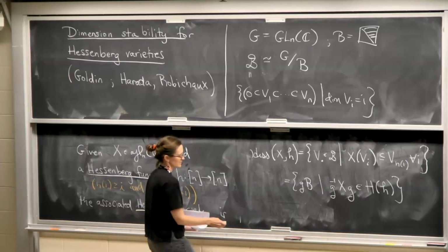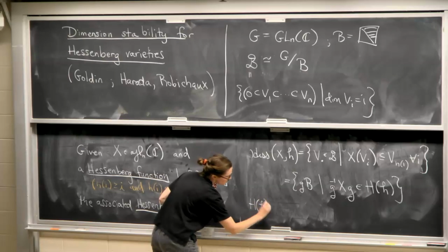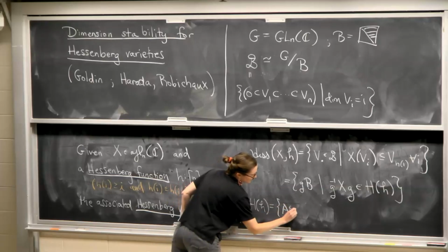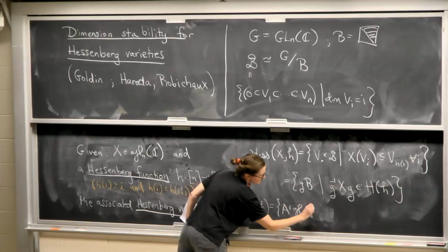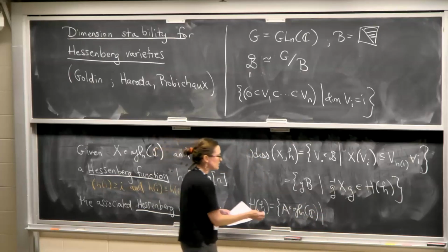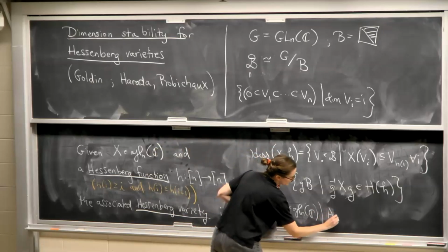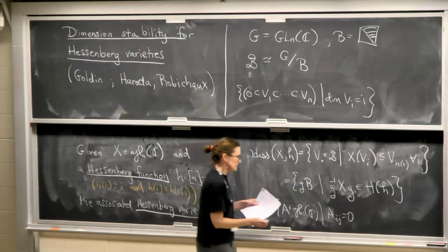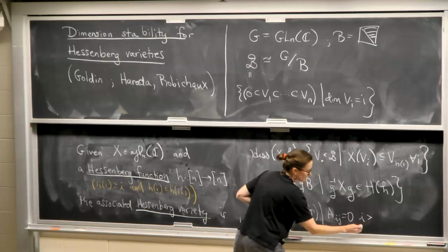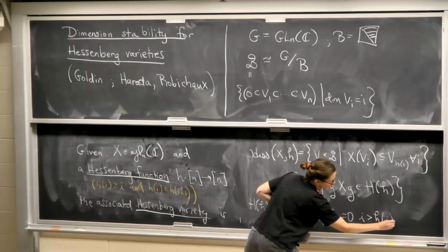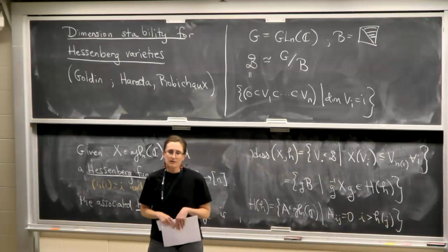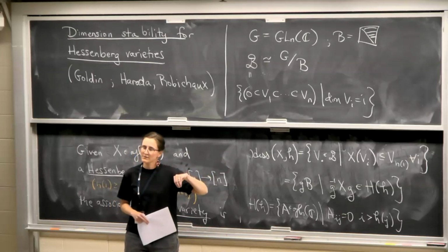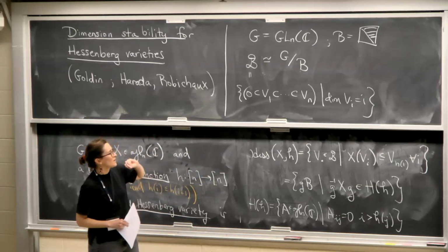So let me take a second and write down what this means. This would be all of my n by n matrices, where I'm going to require that the ij entry equals 0 precisely when i is greater than h(j). Maybe off the top of your head, it's a little hard to visualize what that looks like. So I have some examples in just a second.